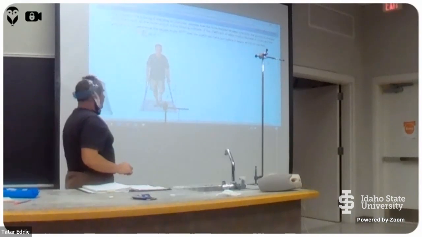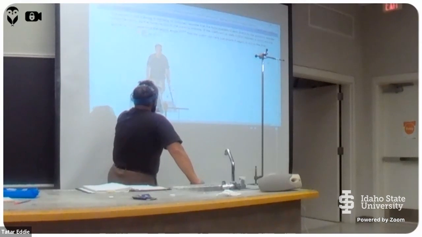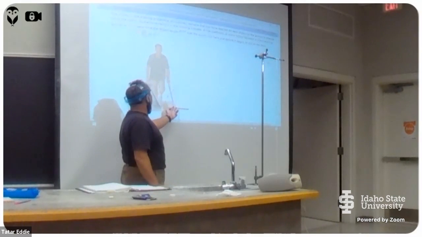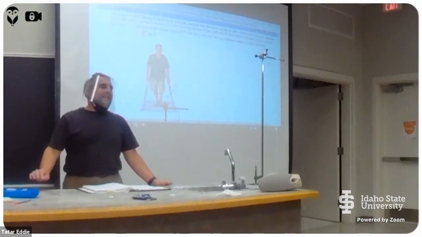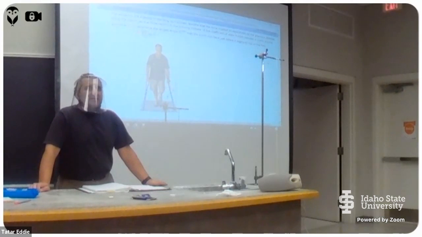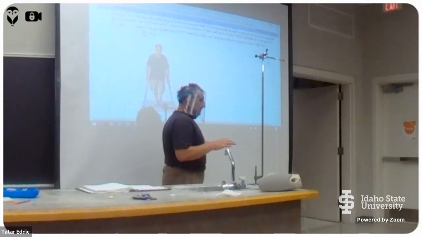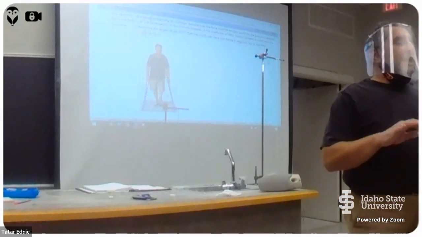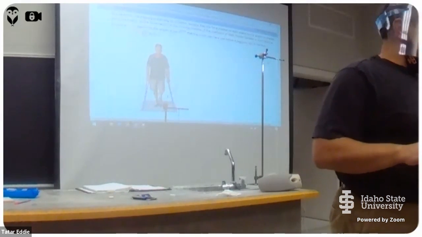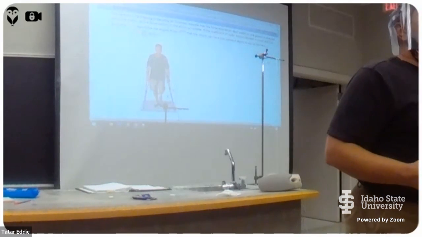Well, look. First, the force with which the ground acts on the crutch, what kind of force is that? We have only two forces that appear in the case of a contact between two objects. We have normal force and we have friction.